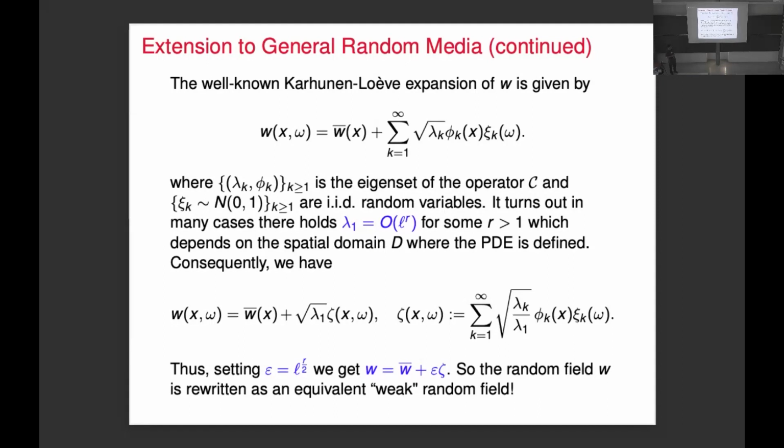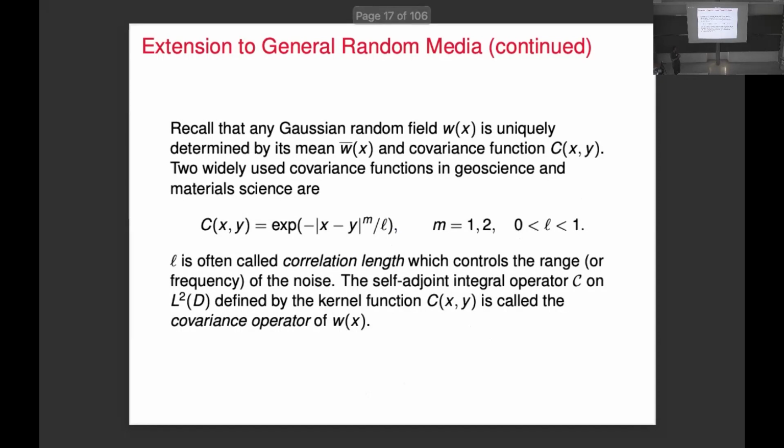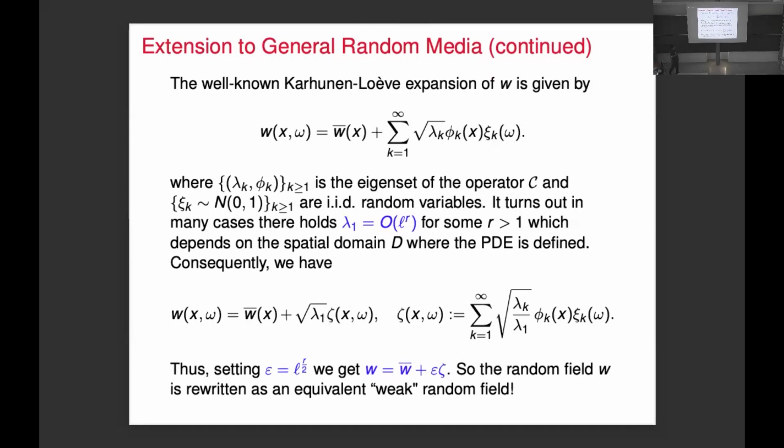For that type of covariance function, it can be proved the leading eigenvalue is of the order of epsilon to some power. What is epsilon? This is called the correlation length. That's important. It's usually small in these applications. With some algebra, you can put the leading eigenvalue lambda 1 in front and divide by the rest.